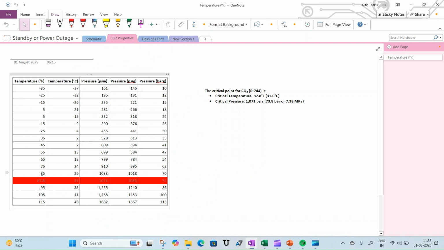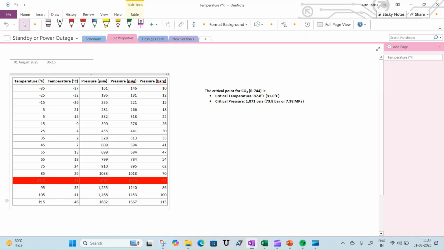So we know that at 80 degrees Fahrenheit, let's say in between 75 and 80, the pressure is going to go up to between, let's say, 900 and 1000 psi. So the pressure will keep on rising.